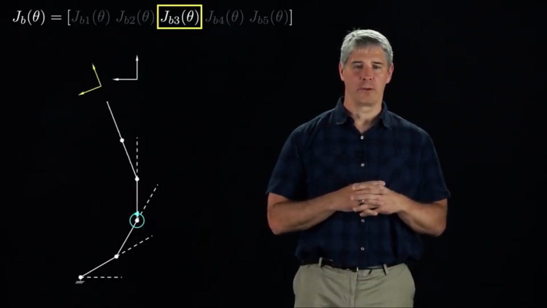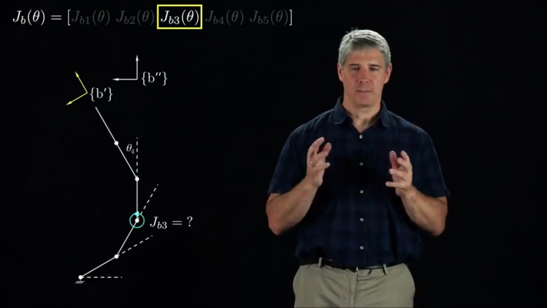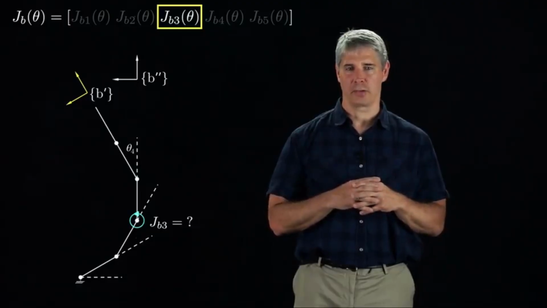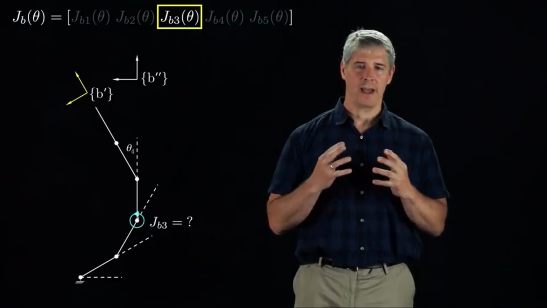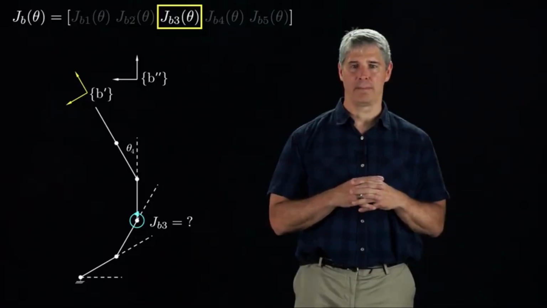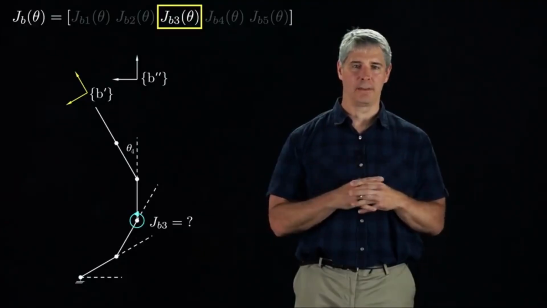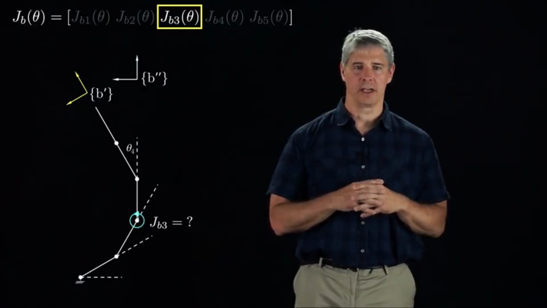Now we rotate joint 4 by theta 4. This motion changes the configuration of joint 3 relative to the B frame, so JB3 changes. We define the frame B double prime to be the B frame before joint 4 is rotated, and the frame B prime to be the B frame after joint 4 is rotated.